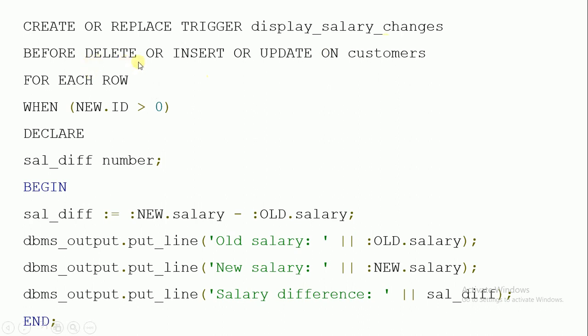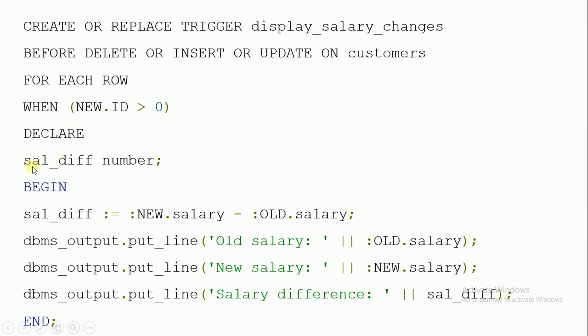Before delete or insert or update on the customer table, for each row. That means for whatever rows are there, it has to affect each row. And when the condition is ID greater than 0.